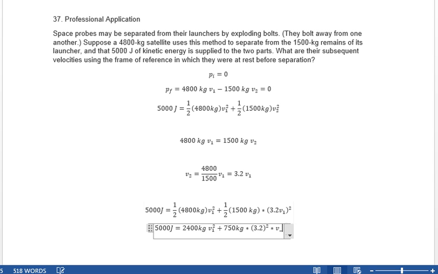Times V1 squared. So now we can factor out the V1 squared without any problem. We've got 5,000 joules equals 2,400 kilograms plus 750 kilograms times 3.2 squared, times V1 squared.